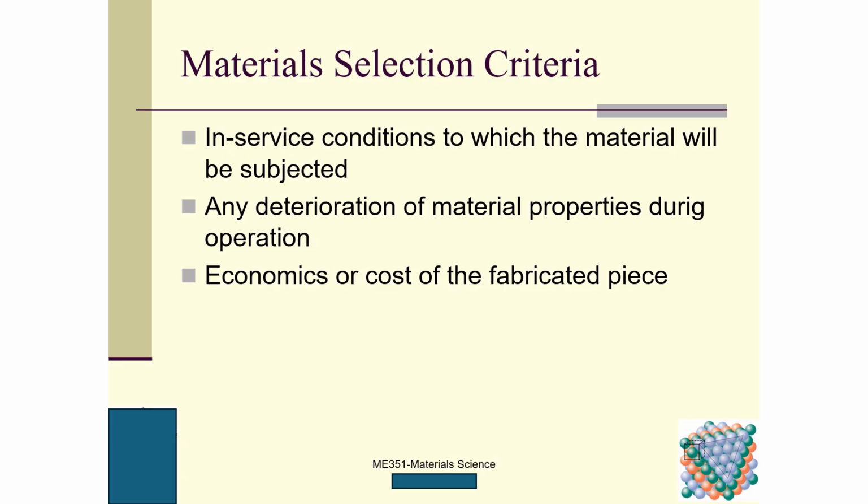Otherwise, the service life of these structures and components made of this material will be questionable. The next aspect you need to pay attention to is economics, or cost of the fabricated piece. This is very, very important if you want to finish a project within the given budget.